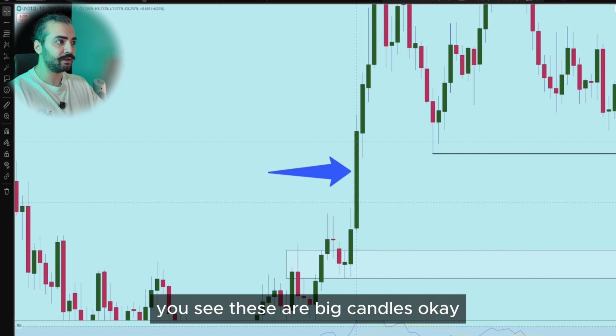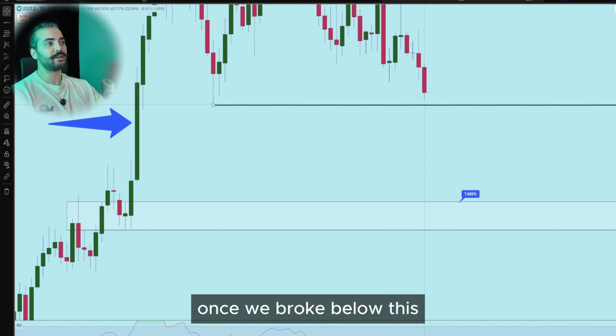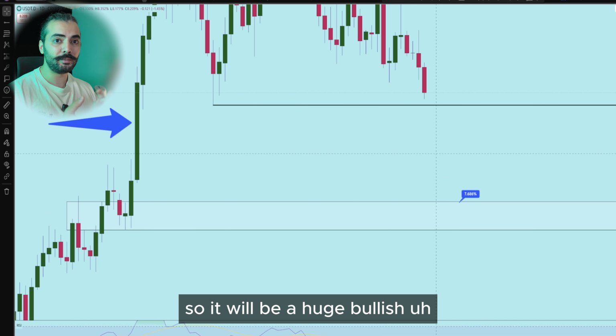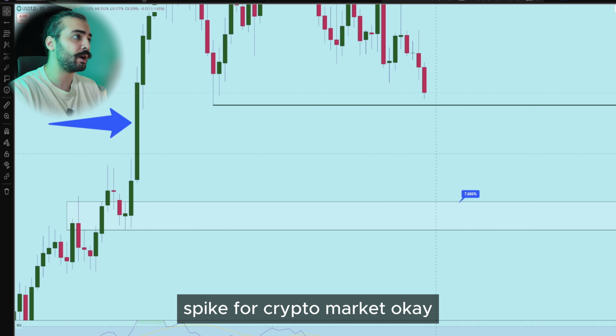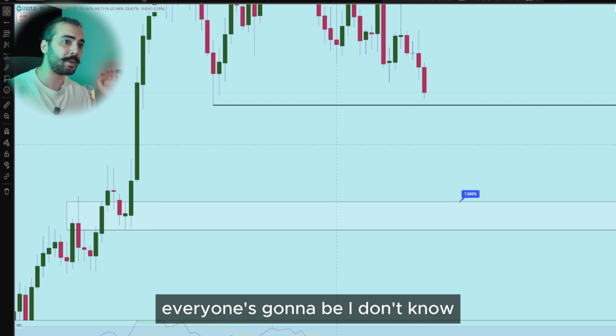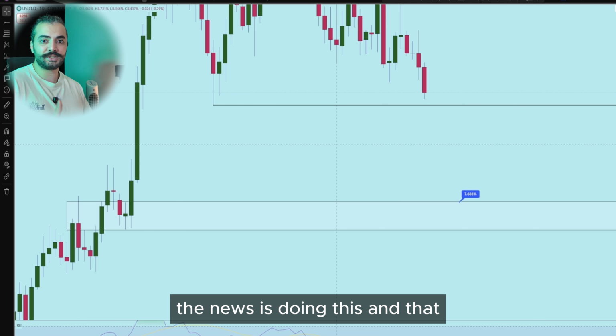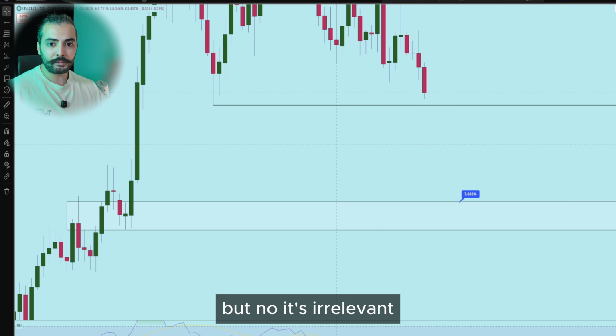You see, these are big candles, okay? Once we break below this, we're going to have similar candles to this, but in red. So it will be a huge bullish spike for the crypto market. Everyone's going to say Trump said something, or the news is doing this and that, but no, it's irrelevant.